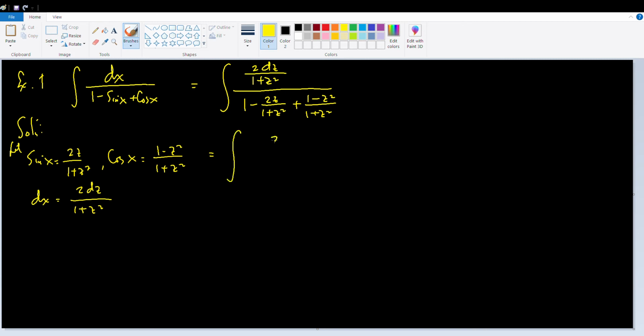So 2dz all over 1 plus z squared, all over, we combine these fractions in the denominator, 1 plus z squared will be the least common denominator. Then 1 becomes 1 plus z squared minus 2z plus 1 minus z squared.